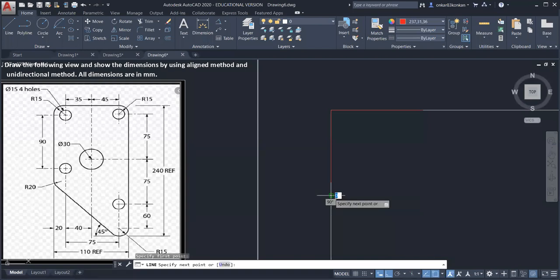And then from this corner, draw the line again at 15 mm. So you will get this as a center.